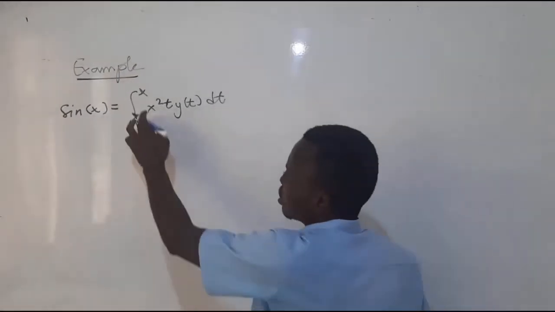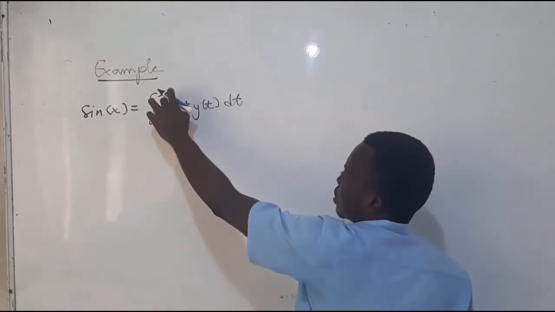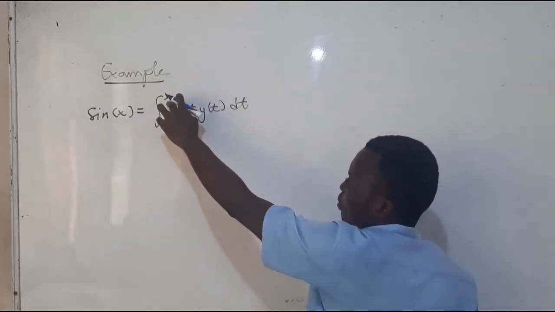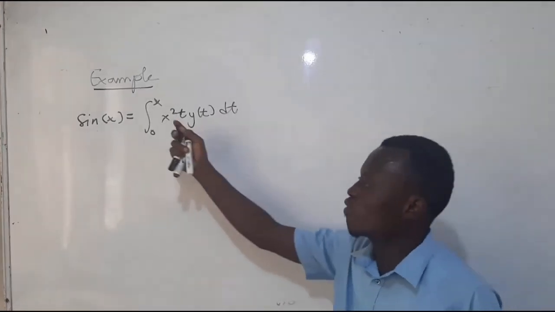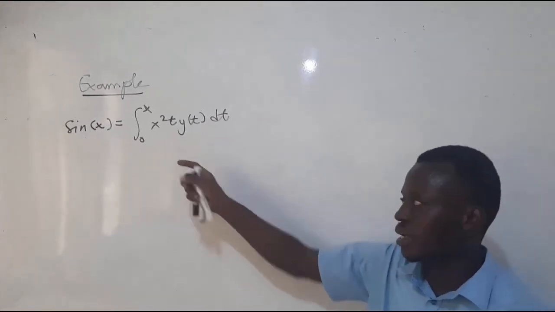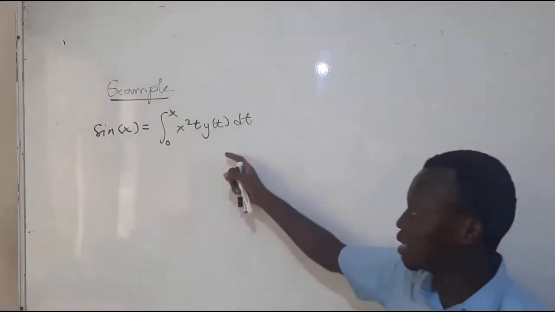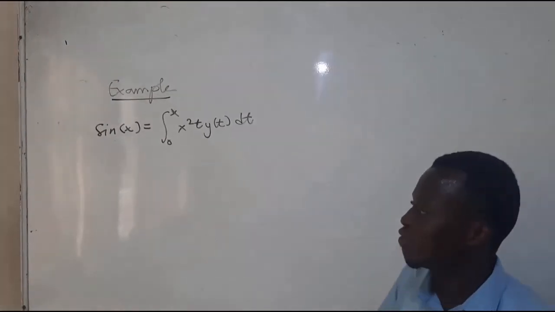It is a Volterra's integral equation because the limit here is a variable, which is s, from a constant to a variable. And it's a first kind because the unknown function appears only under the integral sign. So we will pass this equation through a differential operator.